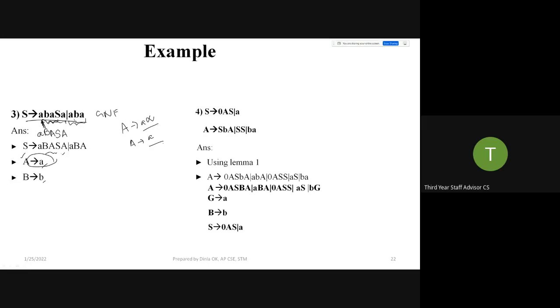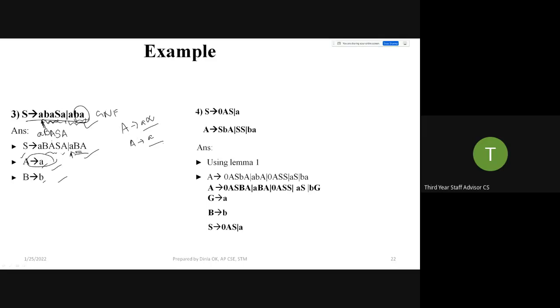So here we have to convert this BA into non-terminals. First we have terminal symbol A, then non-terminal B and non-terminal A. So our production changes like this, and we have A implies A and B implies B.